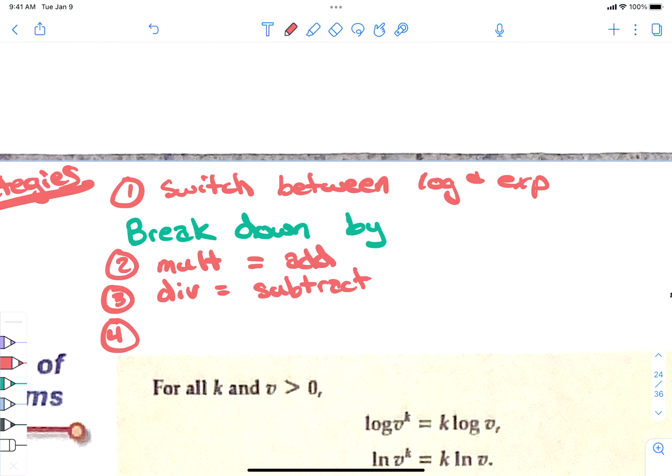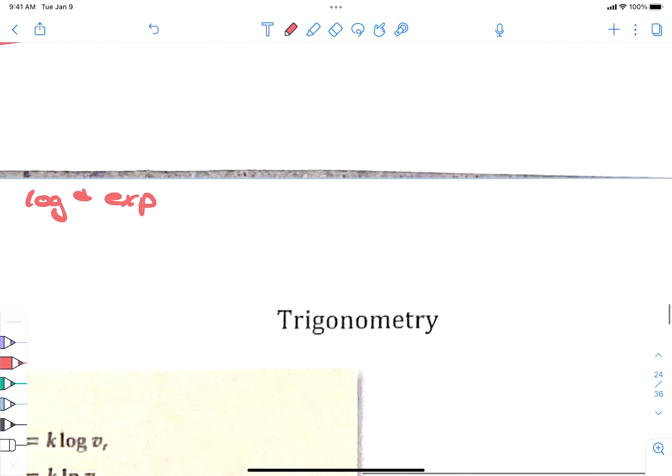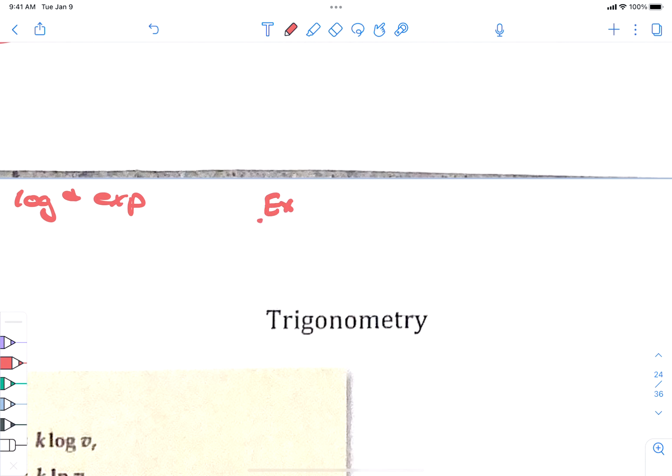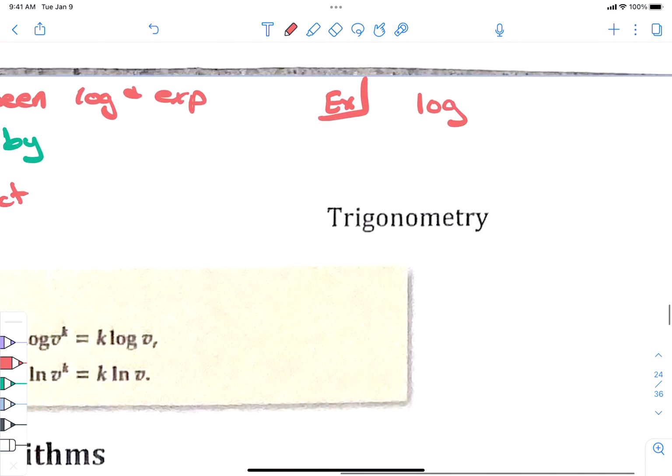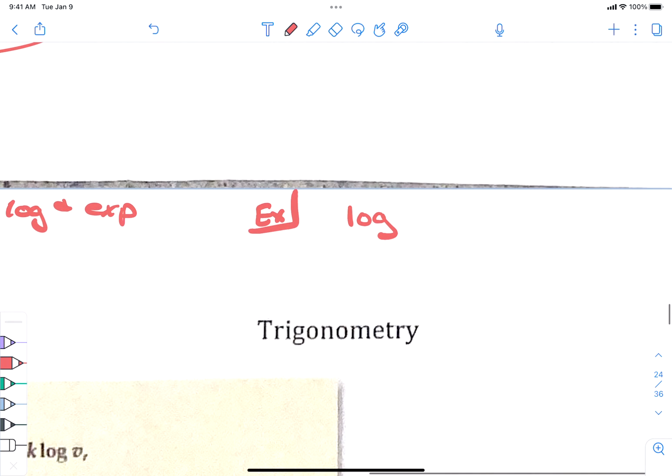Before I write this one down, I'm going to show you why this works. Off to the side, write this example down. This is the example I use every time. Let's say I have log of 1,000.